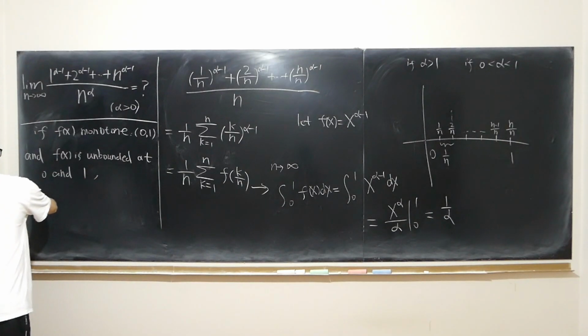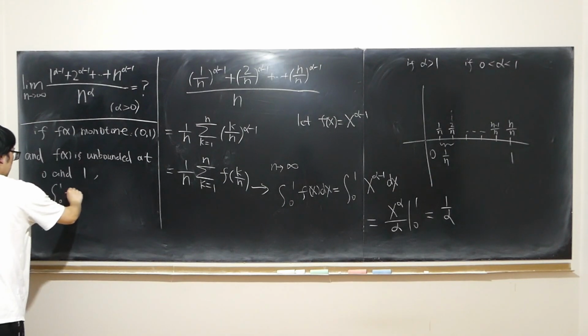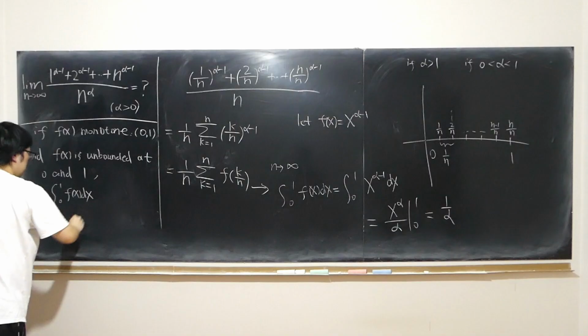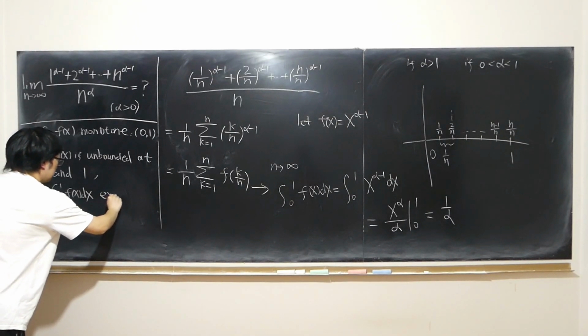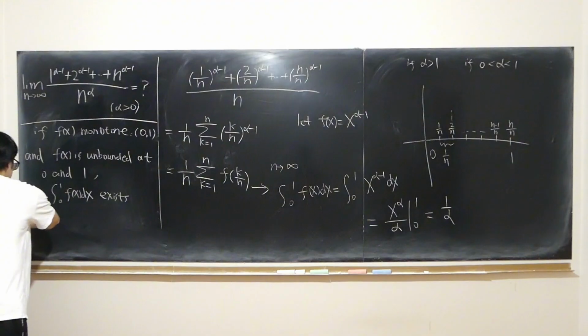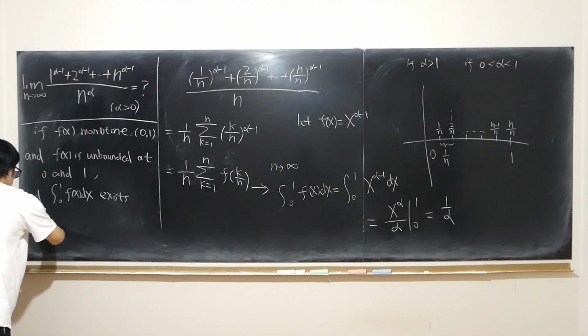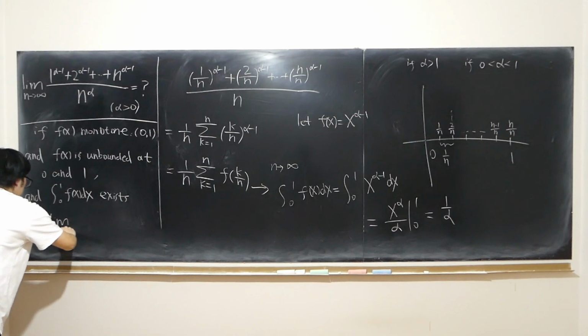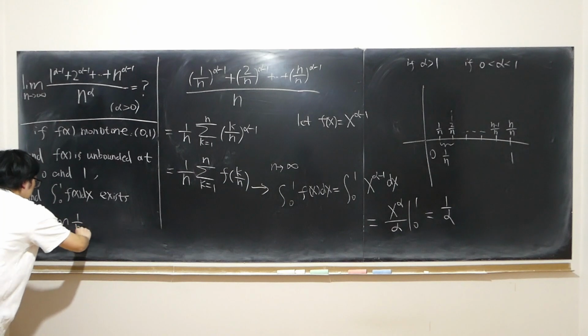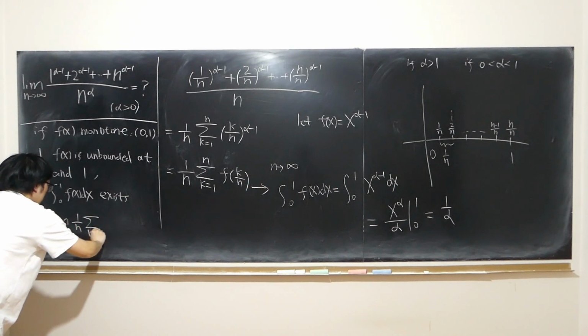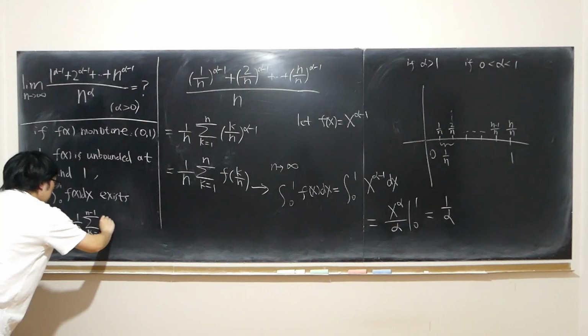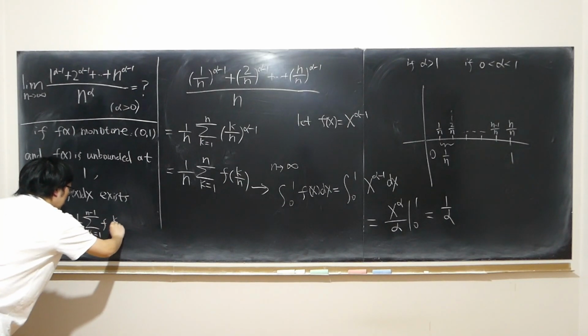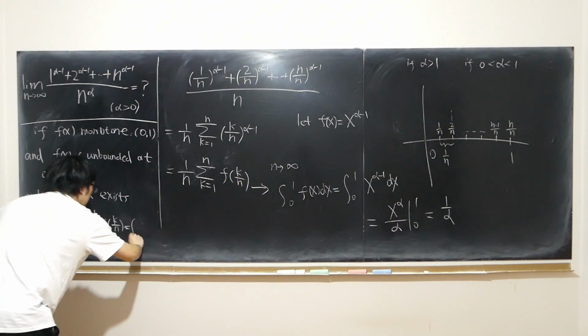And if the improper integral from 0 to 1 of f of x dx converges or exists, then we have that the limit of 1 over n times the sum from k equals 1 to n minus 1 of f of k over n must equal the improper integral.